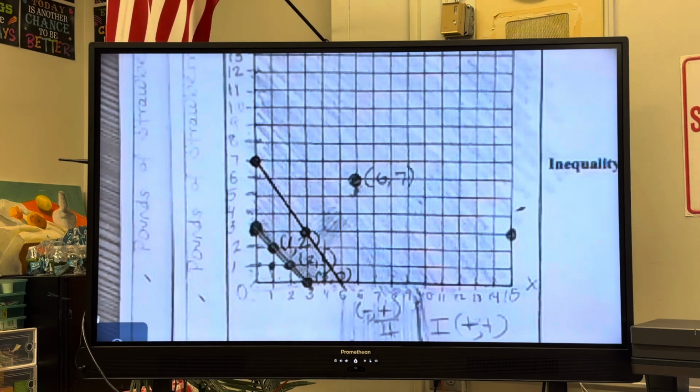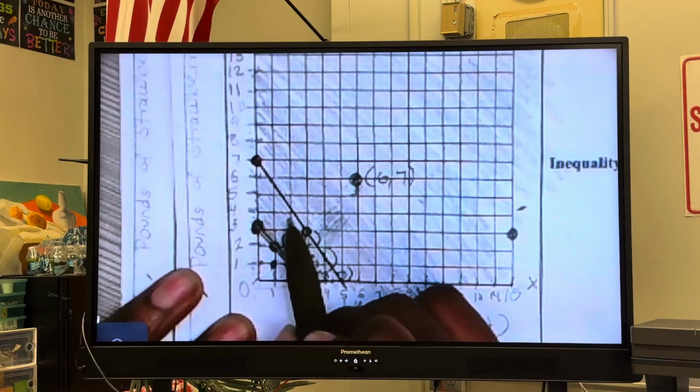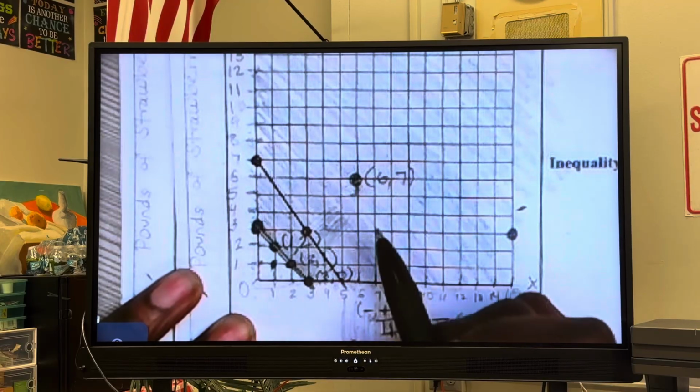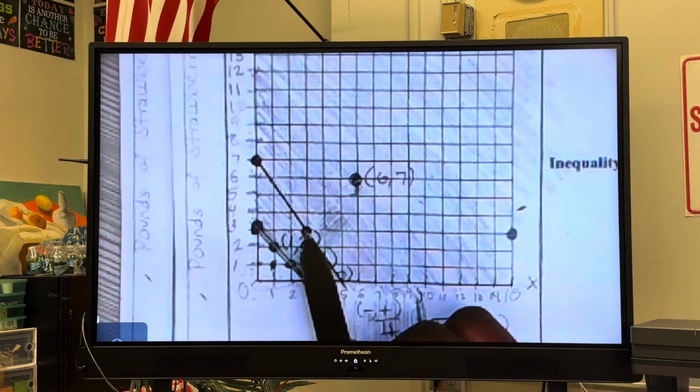But let's do some things before we start shading. I want you to find me another point on that line. Give me a point on that line. 2, 4, right? 2 up, 1, 2, 3, 4. Not quite. It's off a little bit. The point is going to be 3, 3.